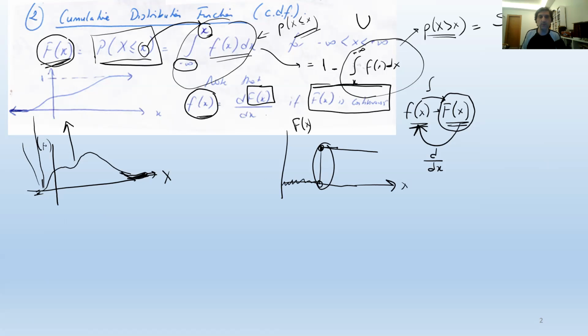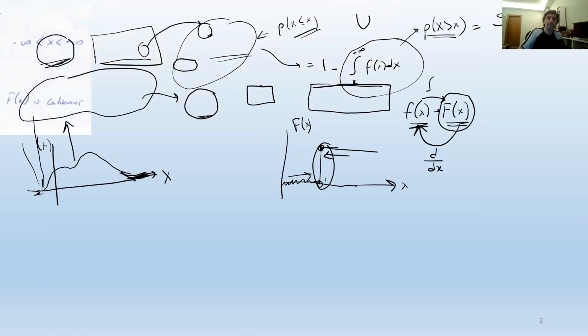You can see there is a discontinuity at this point, because the left-hand side, the right-hand side, and the actual value are not equal to each other. Therefore, there is not going to be a derivative here, and you cannot find the probability density function. But other than that, if you have nice, smooth functions like those, you can take the derivative and convert it to a probability density function.